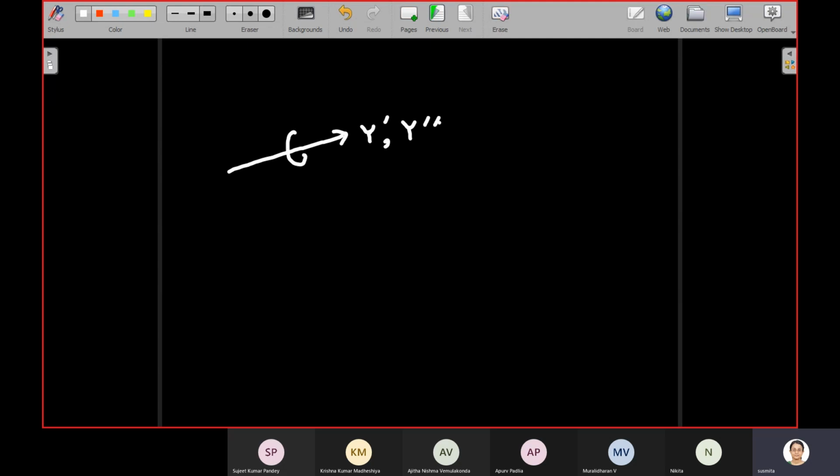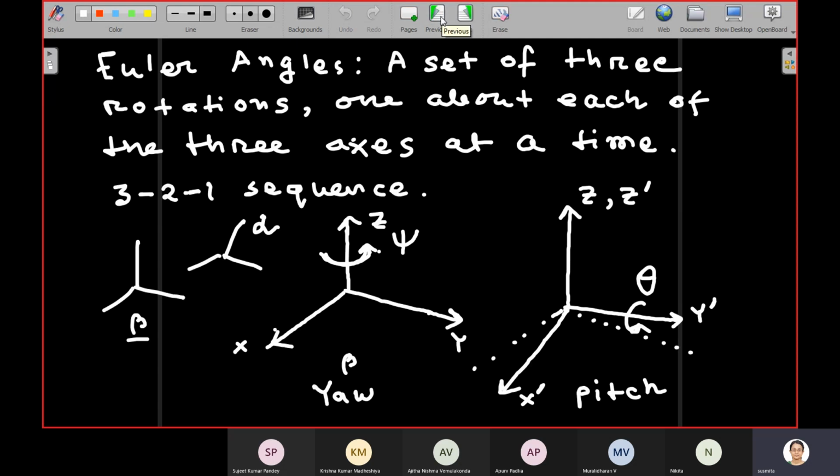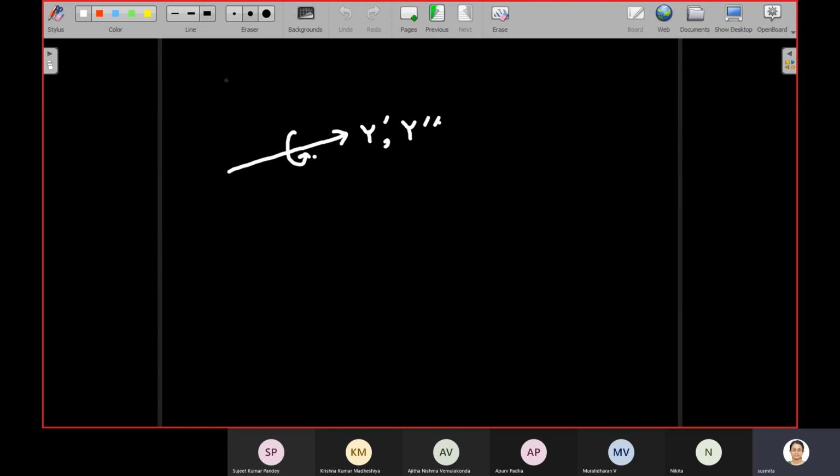The rotation was this way. This was the previous z-axis, and this was the previous x-axis. We call the new axes z double prime and x double prime. This is the second intermediate frame.